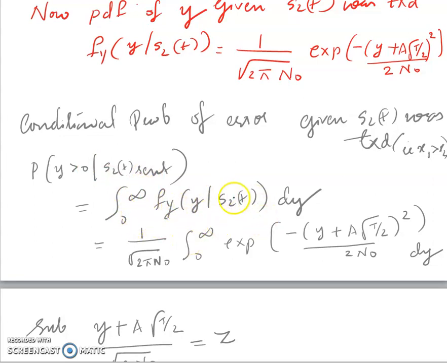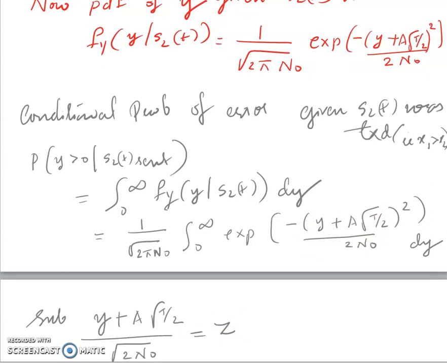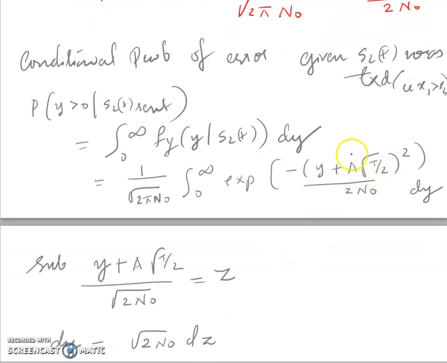So, substitute for f_Y(y), take the constant outside, then e raised to a term will be there, and the root of this term you need to substitute by the variable z. So, we have e raised to minus of the root of this term, which we take as a variable z, and do the remaining substitution.